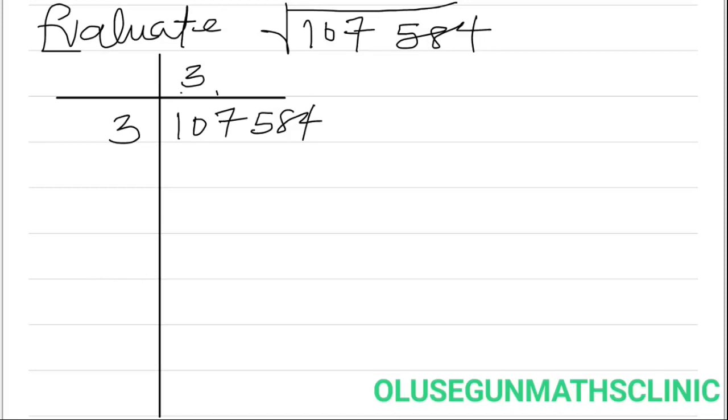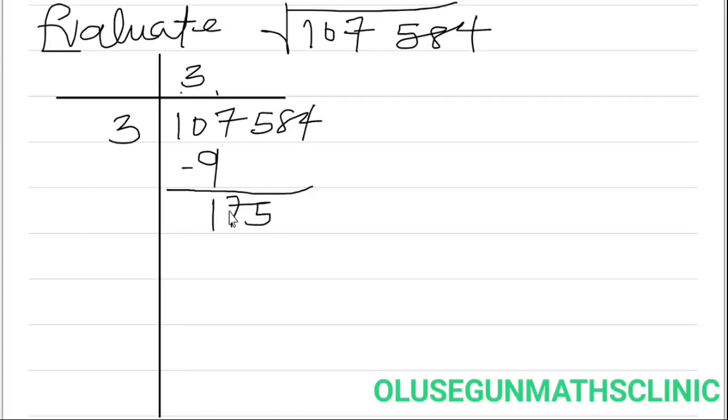So 3 times 3 will give you 9. Let's subtract 9 from the value. It remains 175.